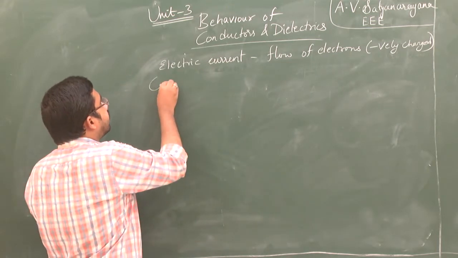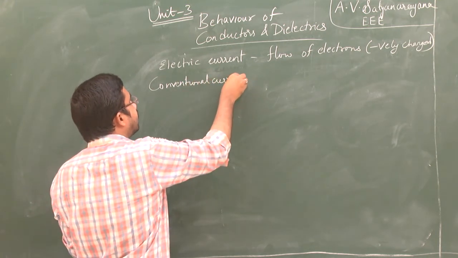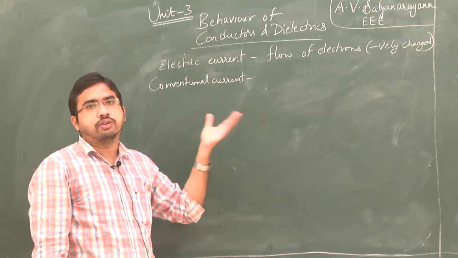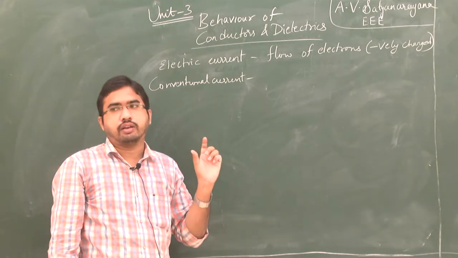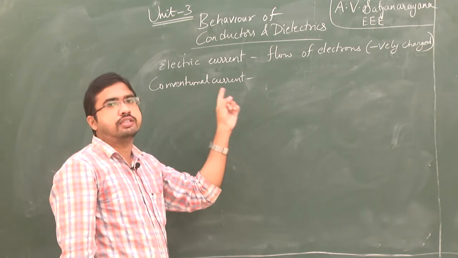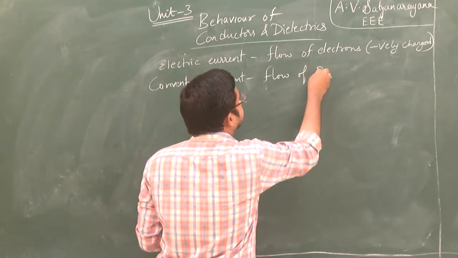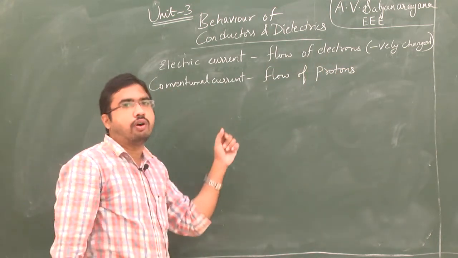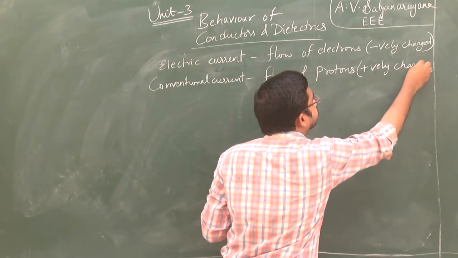Then what about conventional current? Conventional current is our assumption for solving problems, so that it will be easier to express the polarity of the voltage that you are considering. Conventional current direction is taken as the direction of flow of protons, that is positively charged particles.